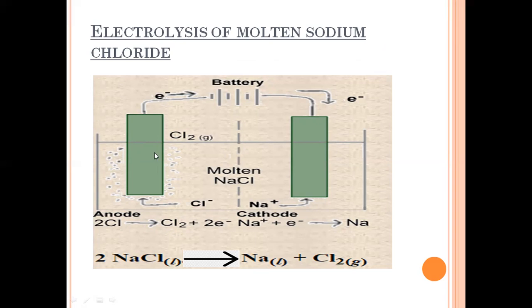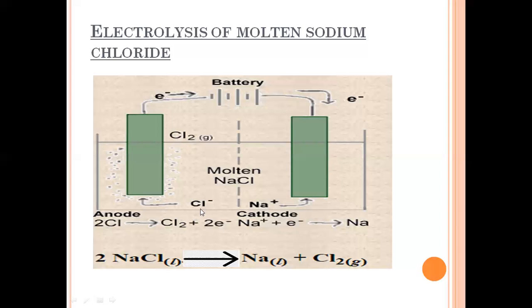But at the same time, electrons move from the positive terminal to the negative terminal and come to the cathode. So, sodium has a positive charge and is attracted towards the cathode. The cathode gives these electrons to the sodium, and sodium after gaining these electrons becomes stable and in the form of an atom, sodium exists in this liquid.